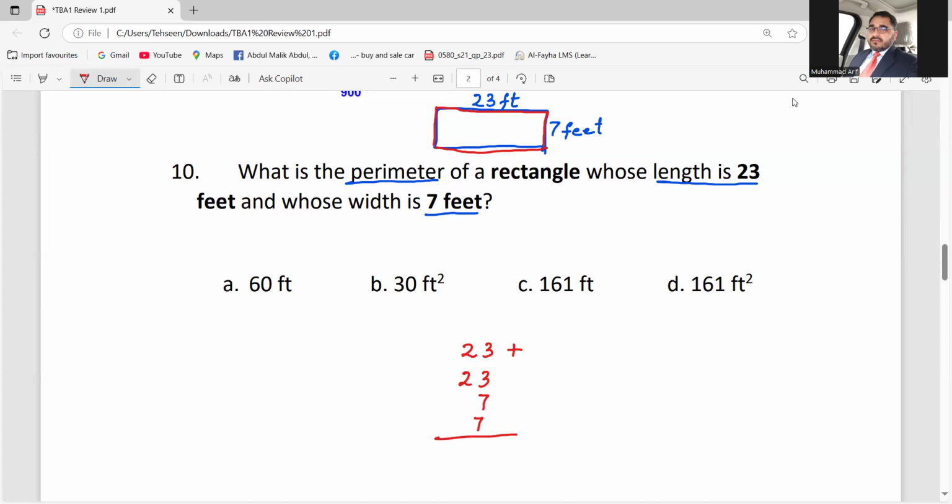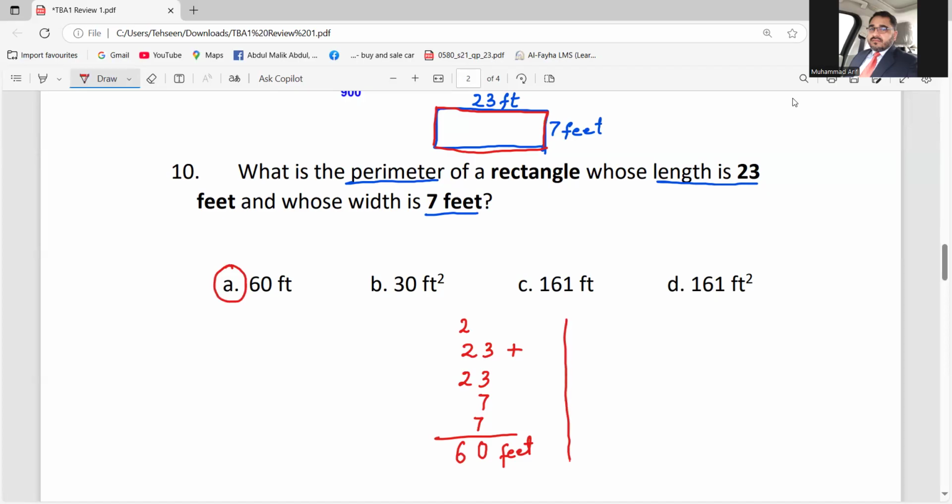And when we are going to add, 3 plus 3, 6, 6 plus 7, 13, 13 plus 7, 20. Here 0, 2 carry to the next number. 2 plus 2, 4 plus 2, 6. 60 feet is the perimeter. Okay, like this you can do. As option A is correct.